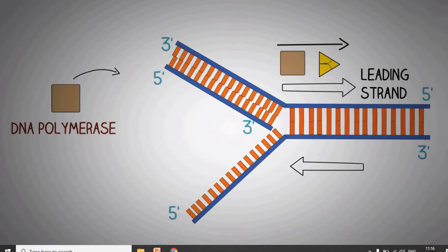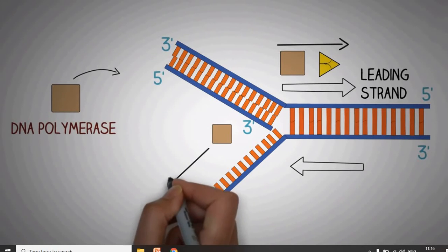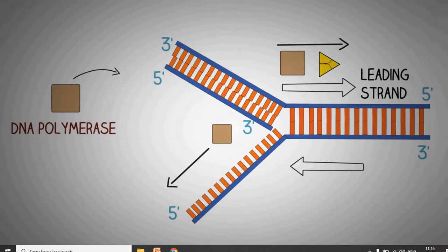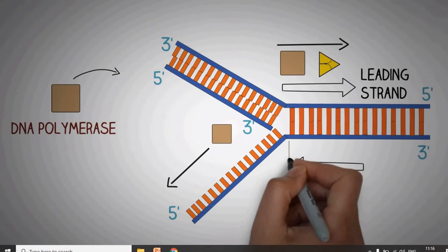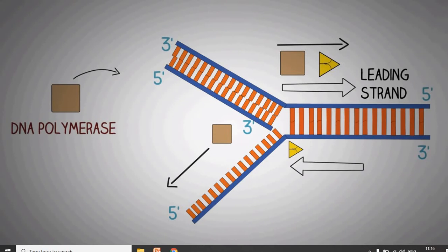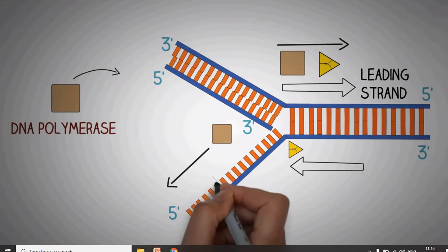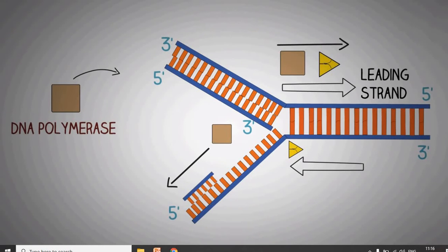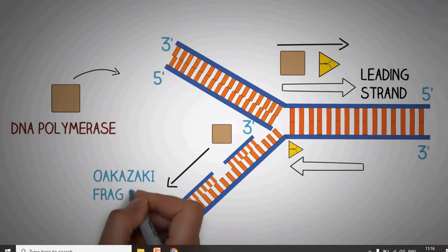But when we look at the opposite strand of DNA, which is running in the opposite direction, things are very different. Since the DNA polymerase has to form the new strand in the 5' to 3' direction, but the helicase is opening the DNA helix in the opposite direction, the DNA polymerase cannot synthesize the new strand continuously. This problem is solved by formation of the new strand of DNA in short segments known as the Okazaki fragments.